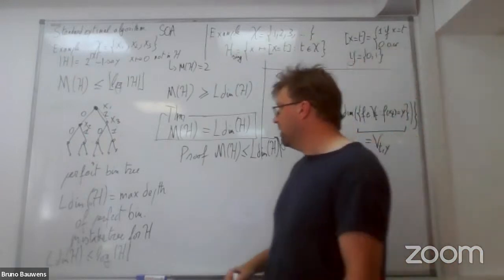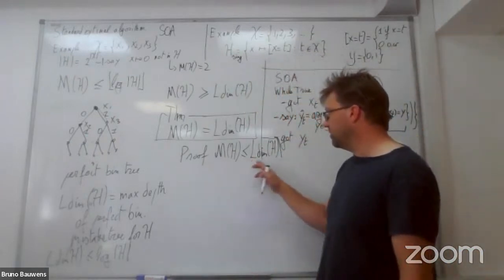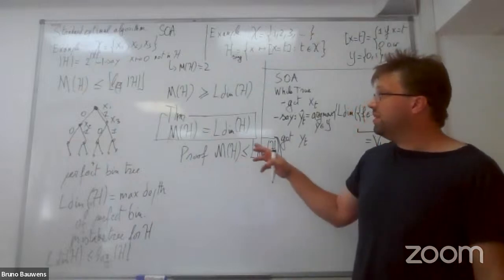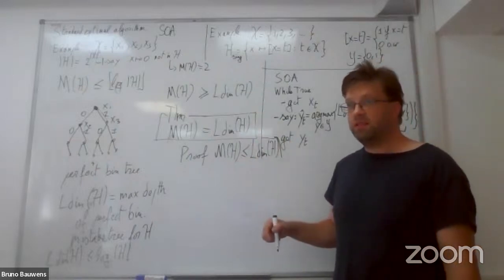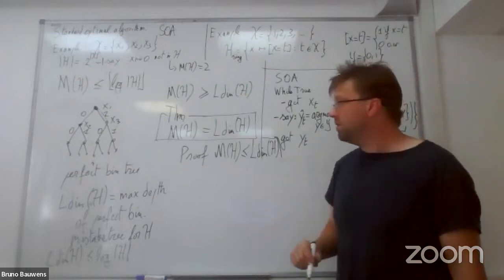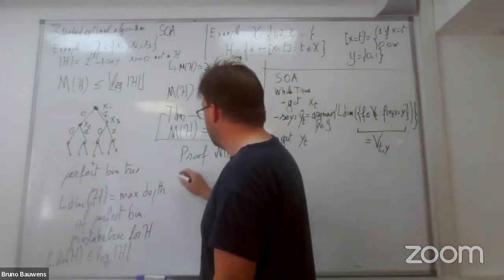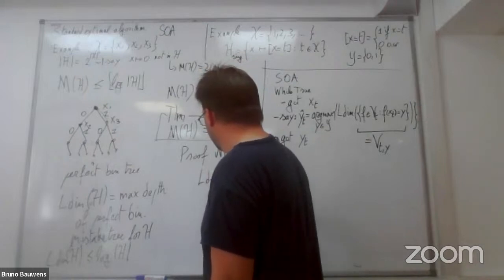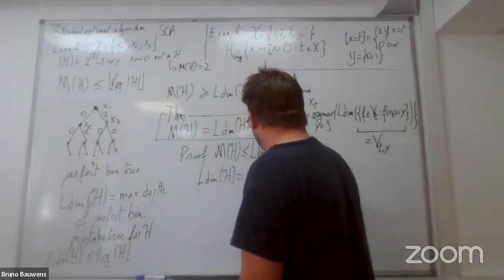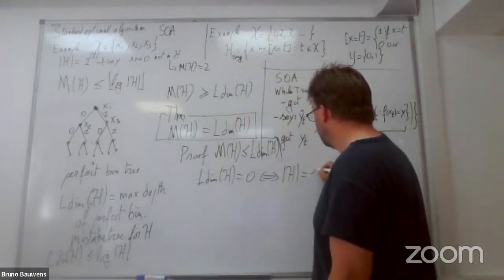So first, note that the Littlestone dimension is equal to 1 if and only if H contains only one function. Sorry, the Littlestone dimension is equal to 0. So the Littlestone dimension of H is equal to 0 if and only if the size of H equals 1.